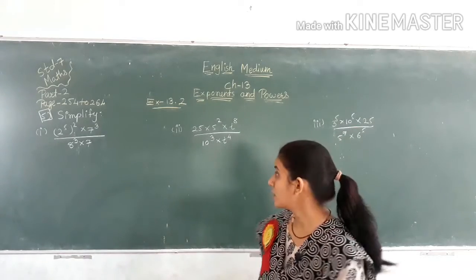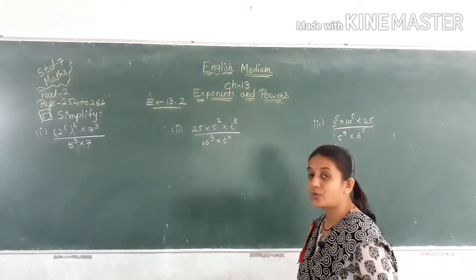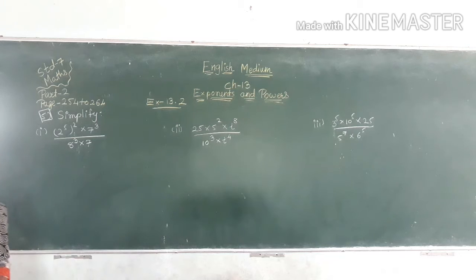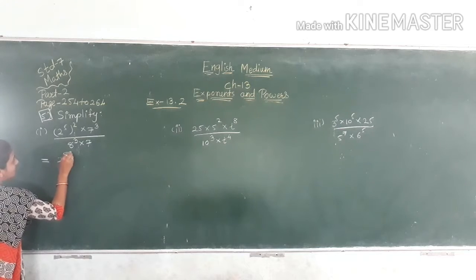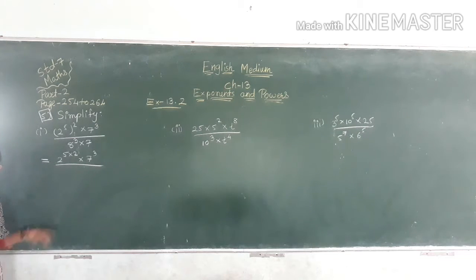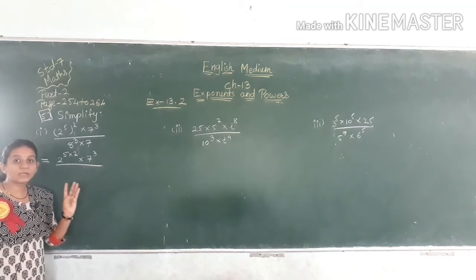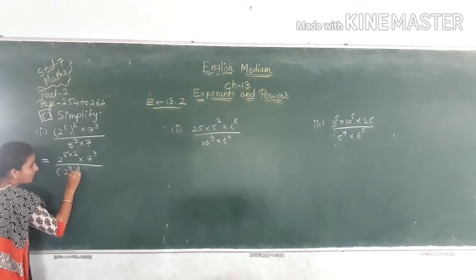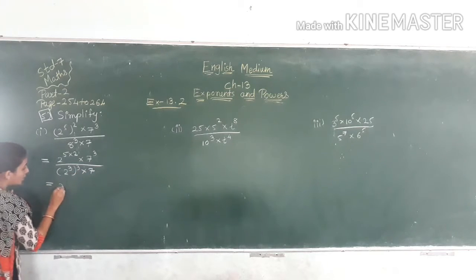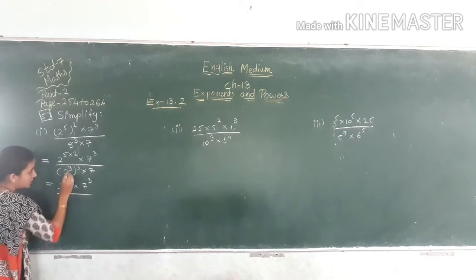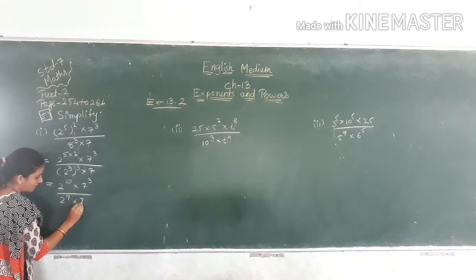Now question number 5, simplify. First one: 2 raised to 5, raised to 2, multiply 7 cube, divided by 8 raised to power 3 multiply 7. Here 2 to the 5 multiply 2 is 2 raised to 10, multiply 7 cube. 8 is 2 cube, 2 multiply 2 multiply 2, so 8 raised to 3 is 2 raised to 3 multiply 3, which is 2 raised to 9, multiply 7.